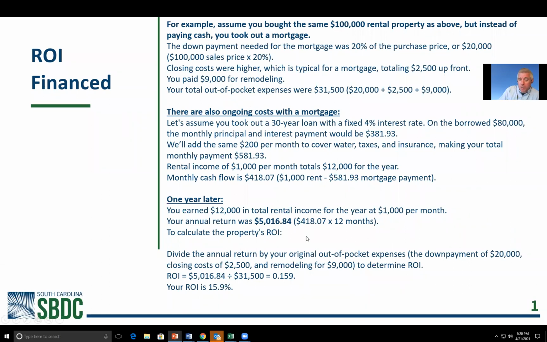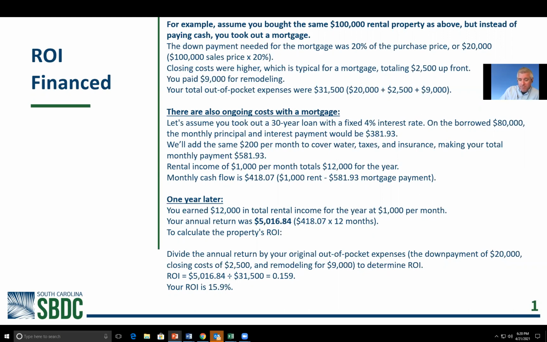So now after 1 year you go back and look, you had $12,000 in rent. Your annual return was $5,016. So that's because you had the expenses of $581.93 over the 12 months. And then you were left with $5,016.